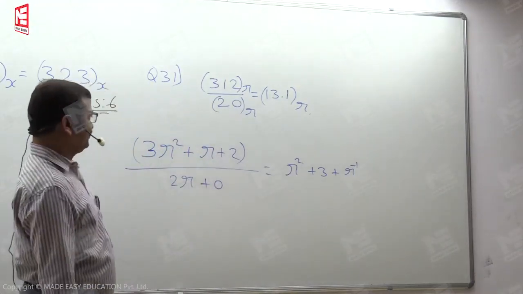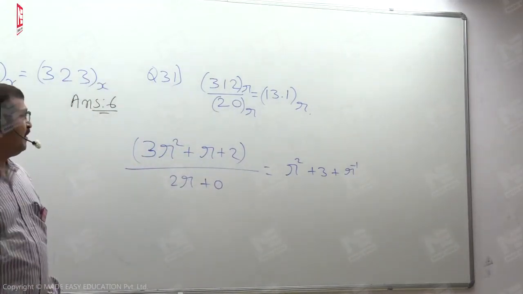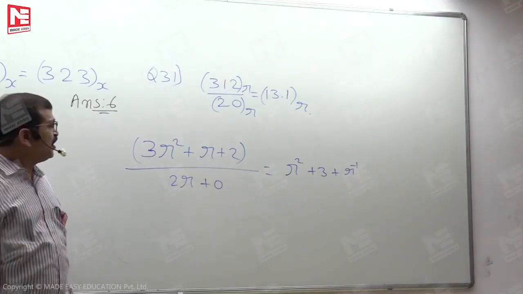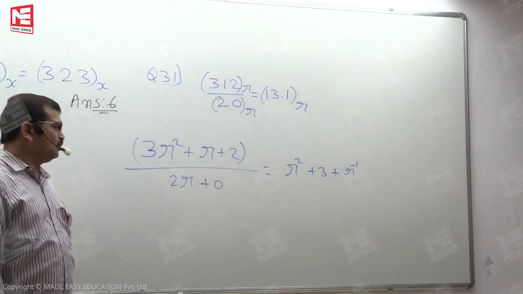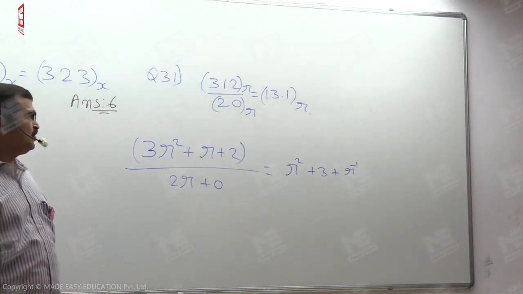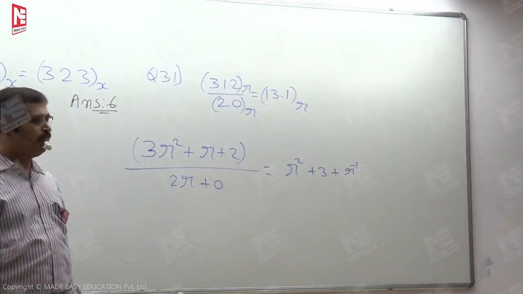Directly I am writing. So if you look once again, the numerator is 3r² + r + 2. Denominator is 2r + 0. Right side it is r² + 3 + r⁻¹.